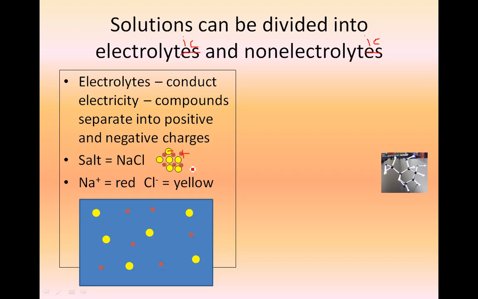When they dissolve, the positive sodiums separate from the negative chlorines. And if you've ever looked at a battery, you know it has a positive and a negative side. That means it can conduct electricity. A charge can be conducted from the positive to the negative here. And that's why something like salt water does conduct electricity.